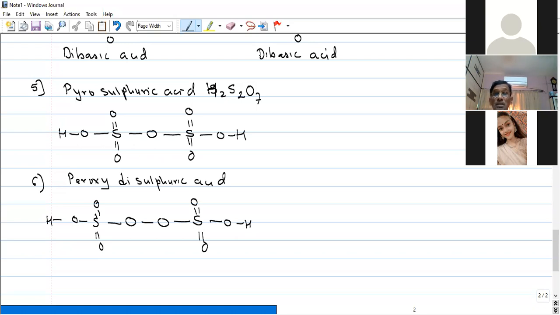Peroxy means two oxygens. This is also called the Marshall acid.